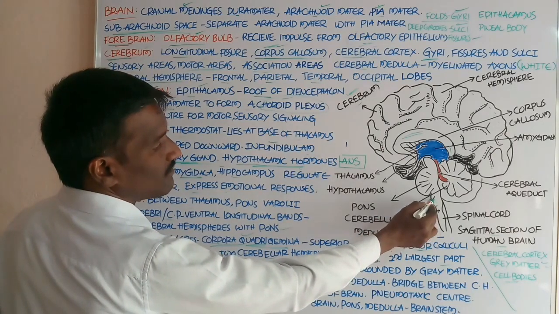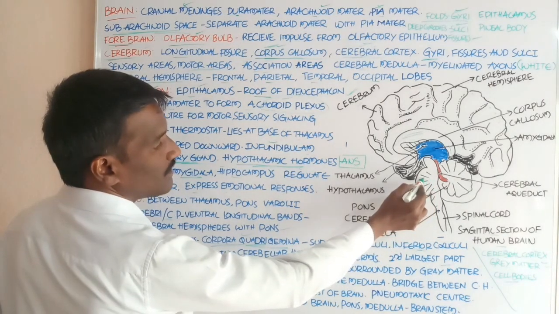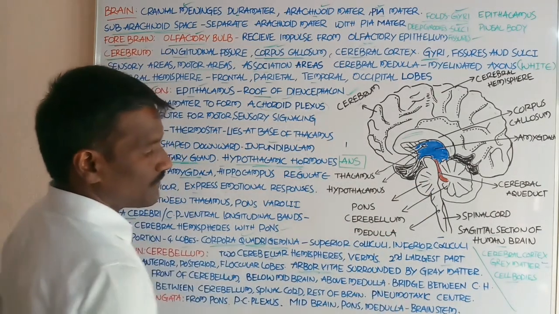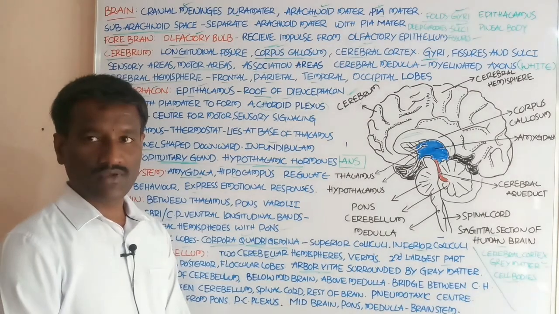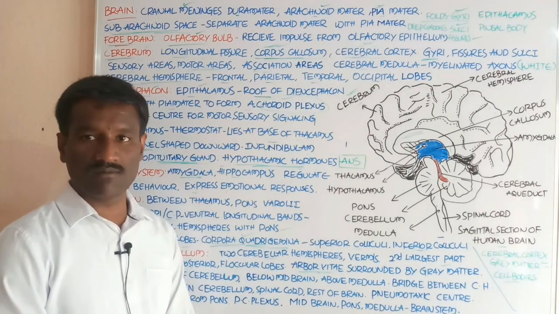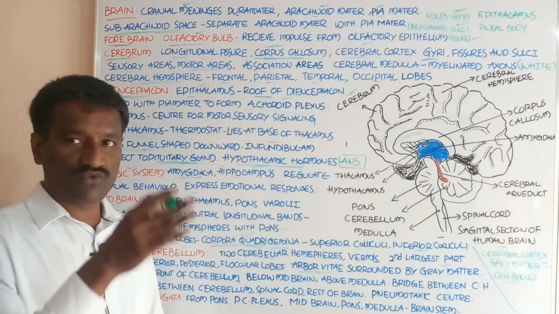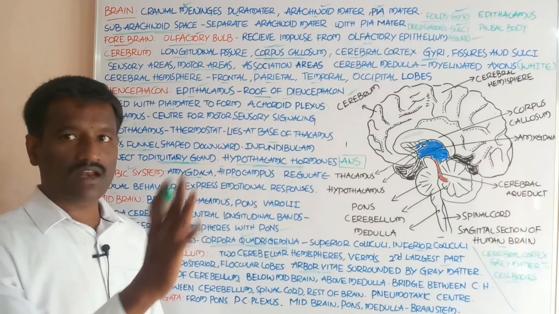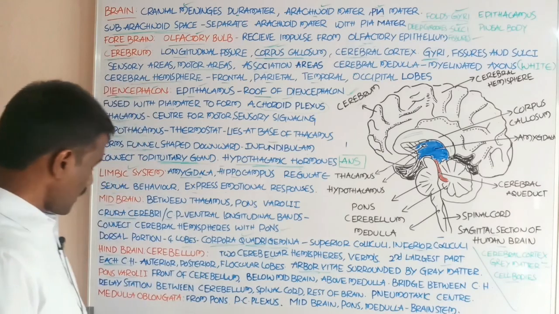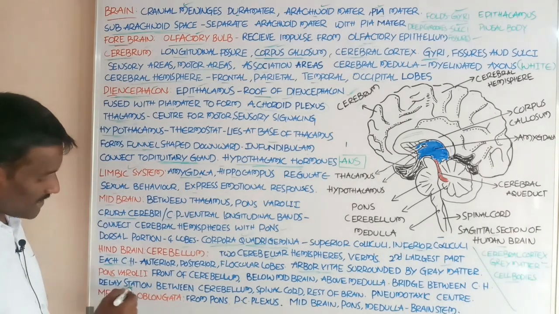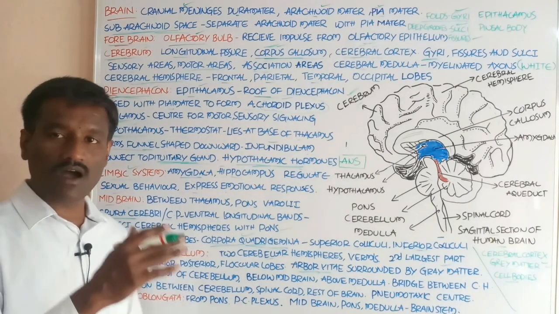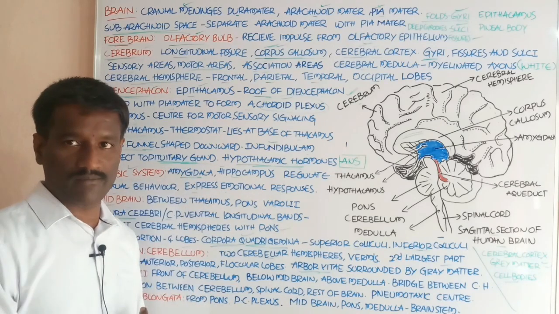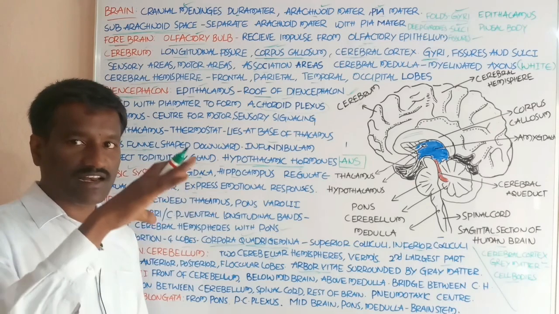It forms a bridge-like arrangement between the cerebellar hemispheres of the cerebellum. The pons varolii acts as a relay station between the cerebellum, spinal cord, and the rest of the brain.